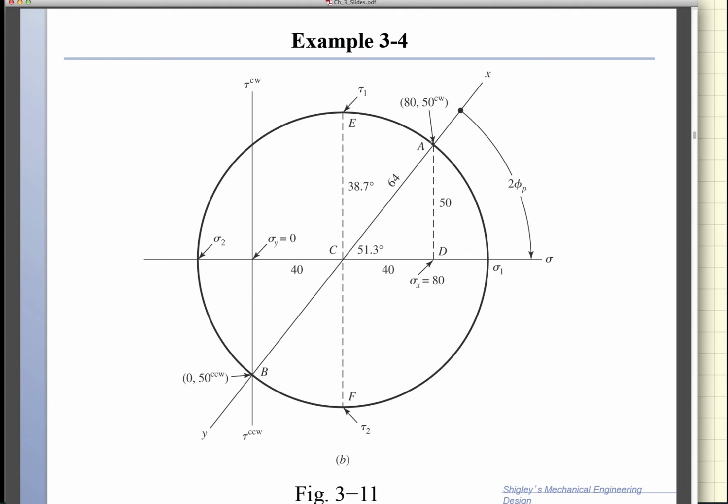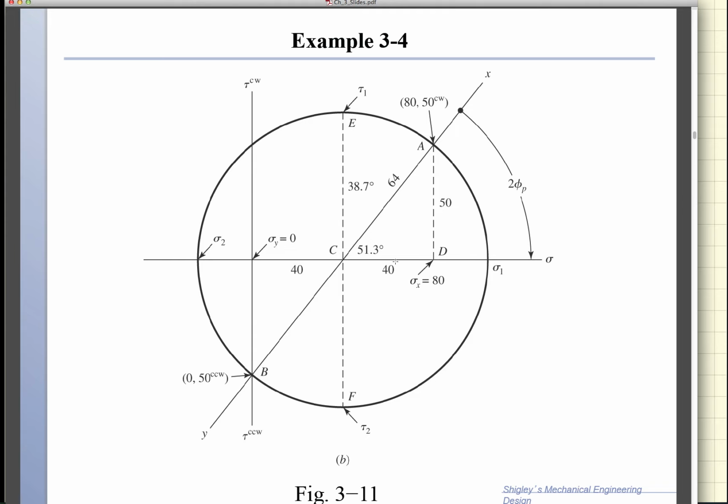Notice if I want to find sigma 1, sigma 2, I have to take the x, y axis and rotate it to the horizontal. So this has to rotate to the sigma axis to give me sigma 1 at this point and sigma 2. The rotation angle is 2 theta p, or 51.3 clockwise.